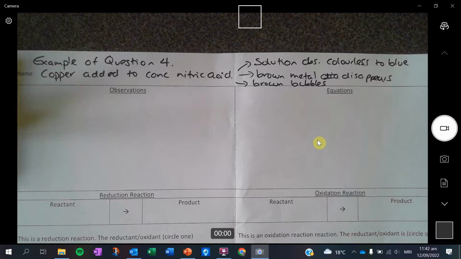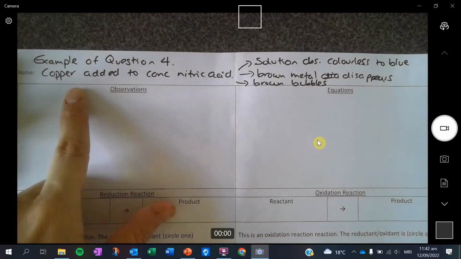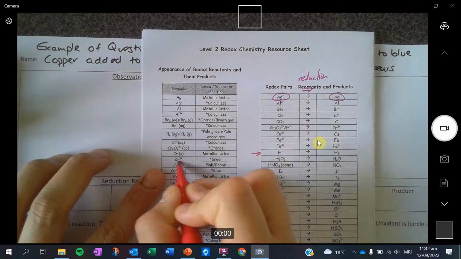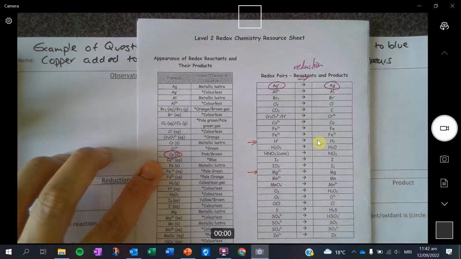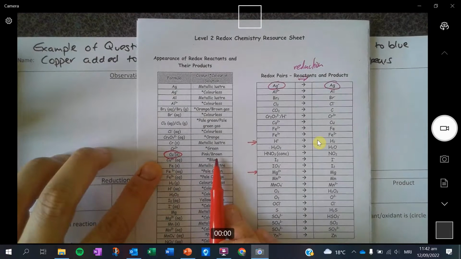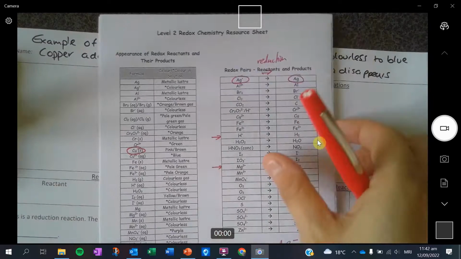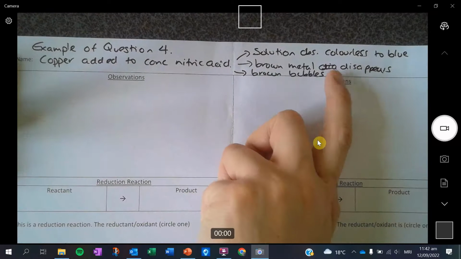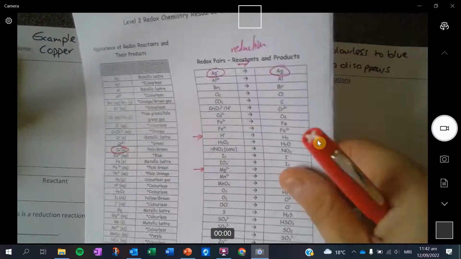Copper is the first thing I notice, so I'm going to look for Cu, because that's my copper, that pink brown metal. That helps me identify the brown metal I added. I also notice that the brown metal disappears and my solution turns blue.